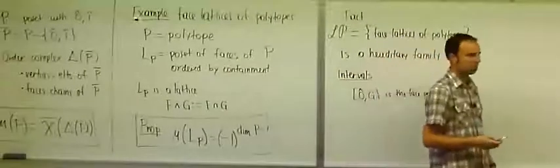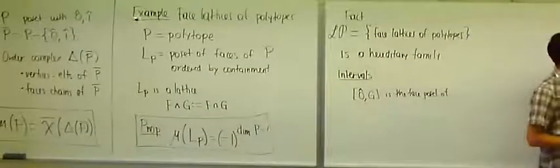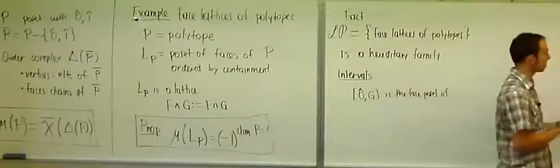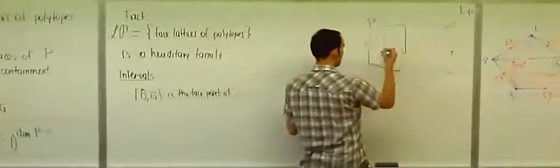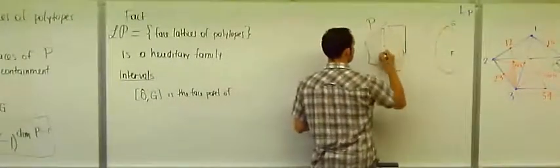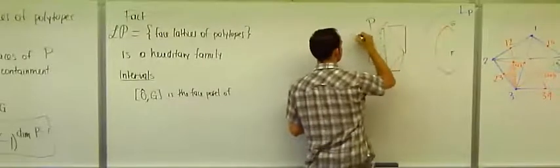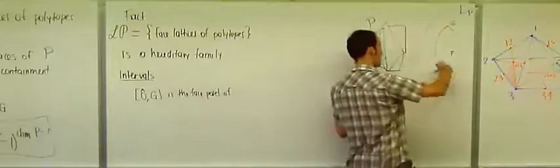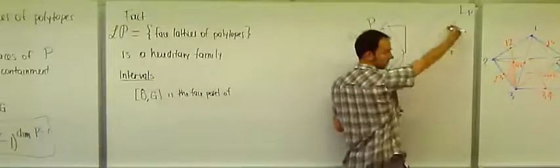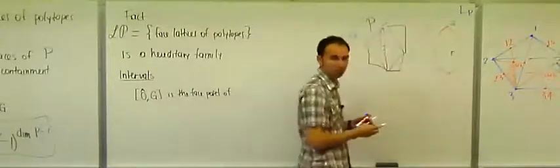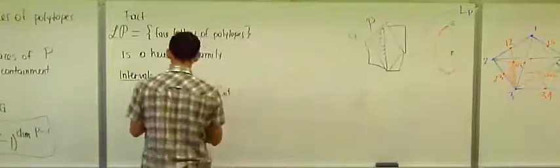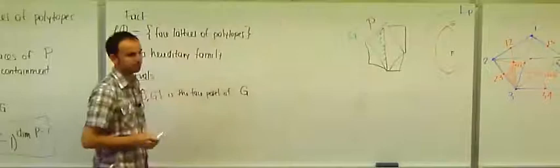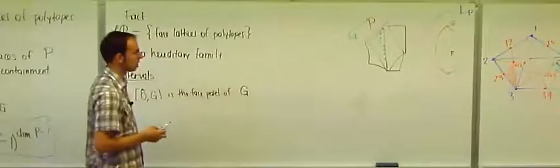That's right. So every point in the face lattice corresponds to a face here. So this G is some face here, and the orange interval is just the faces that are inside G. Therefore, they're exactly the faces of G. So this is just the face poset of G. Okay.